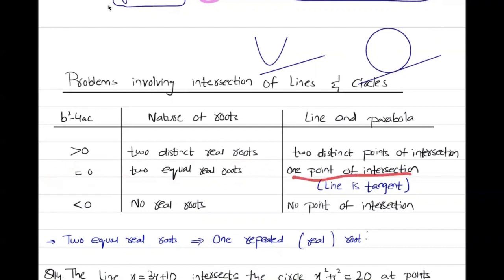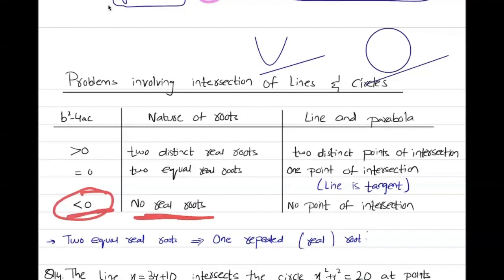Okay, we are going to say 1 point of intersection and the line is tangent to the curve. And when the line is not intersecting the circle at all, there is no point of intersection. So when we solve simultaneously the equation of a line and the equation of the curve, the resulting quadratic equation will have no real roots and will have the discriminant less than 0. Okay.